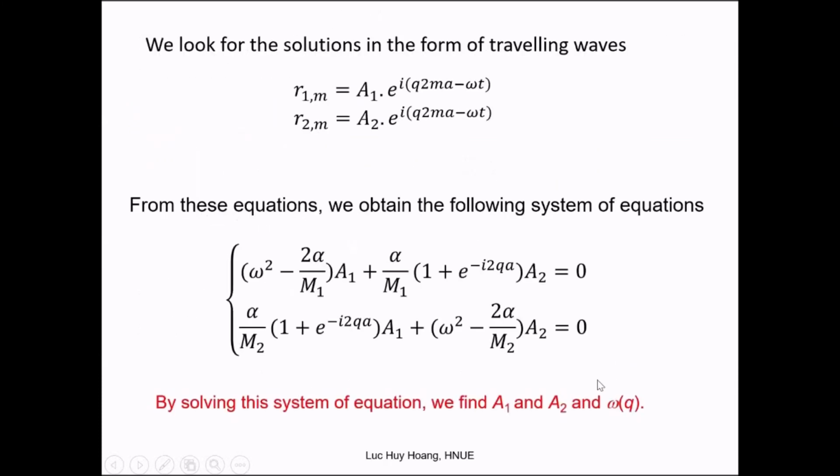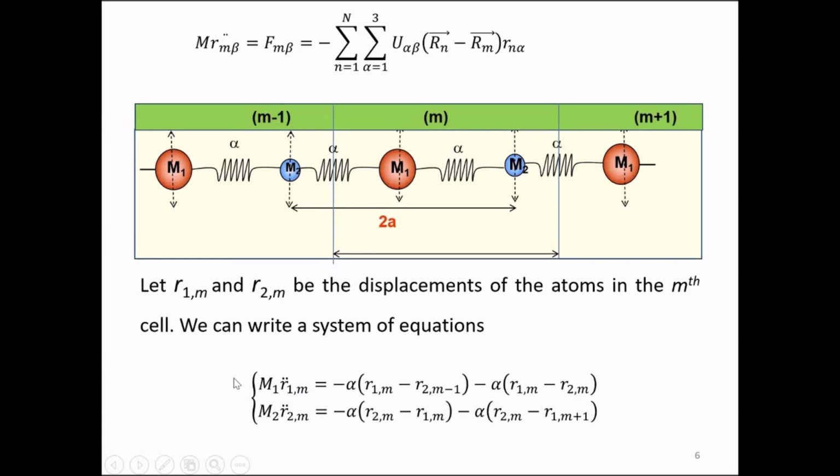Now we do the same. R1 is the deviation of atom 1 in the cell M from the equilibrium position, and likewise for atom 2 in the cell M. Like before, the displacement varies with time like a wave, so we write the wave form and substitute it into these equations.